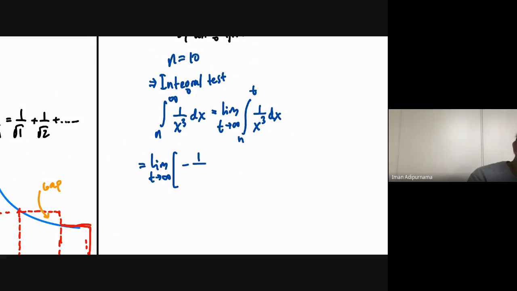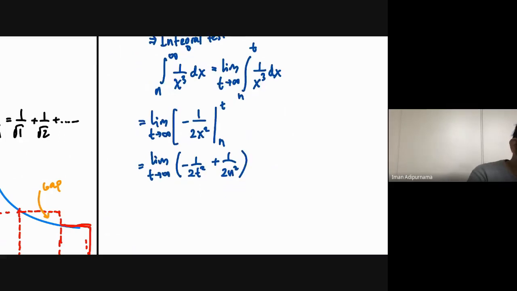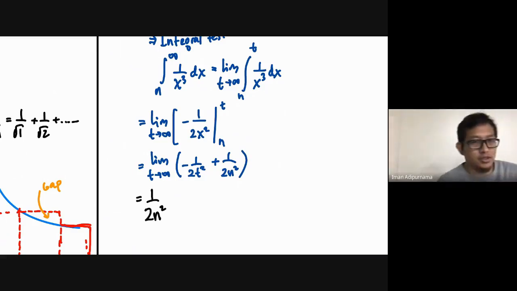Just integrate, regular integration. From here, we conclude that this is equal to this formula, from the integral test.